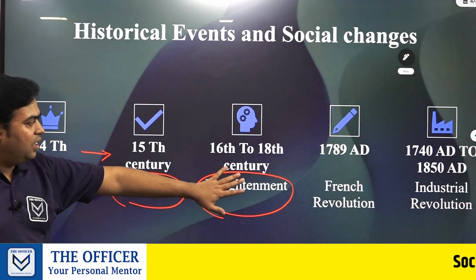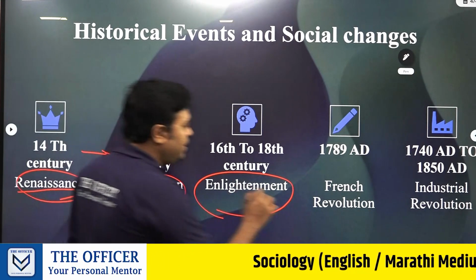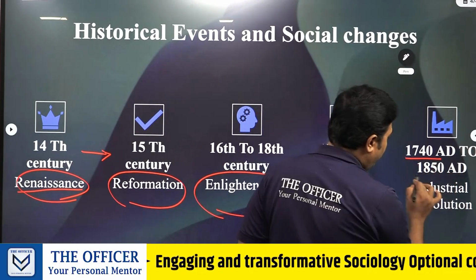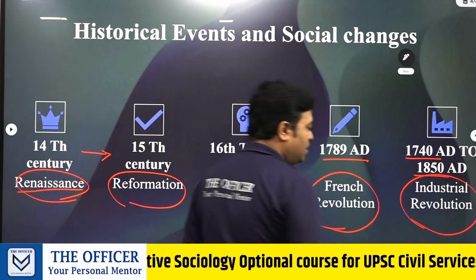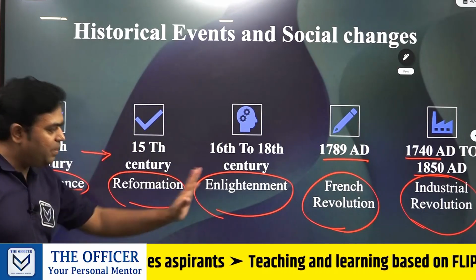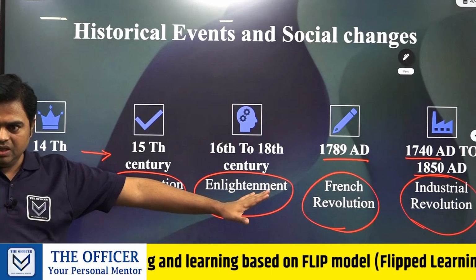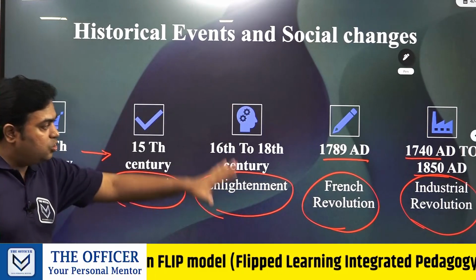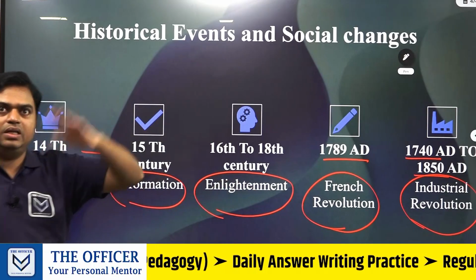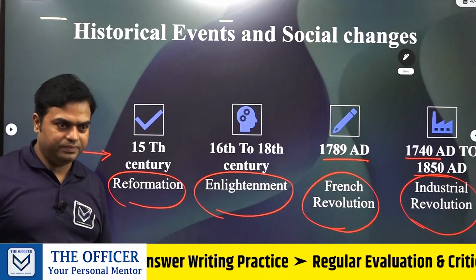And in 1789, the French Revolution took place, and from 1740 to 1850, the Industrial Revolution took place. All these major events are the social changes which took place in Europe, because of which society transformed.